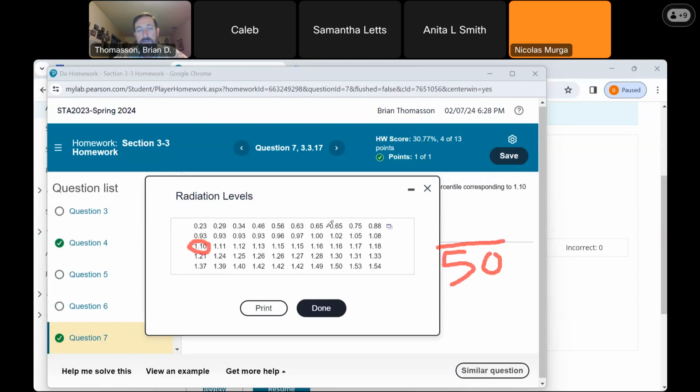So we have 50 data elements, and we have to figure out how many are below the 1.1, which is everything in these first 2 rows. There are 2 rows of 10, so 20 of them are below 1.1, and then we just change that into a percentage. So we multiply by 100%.